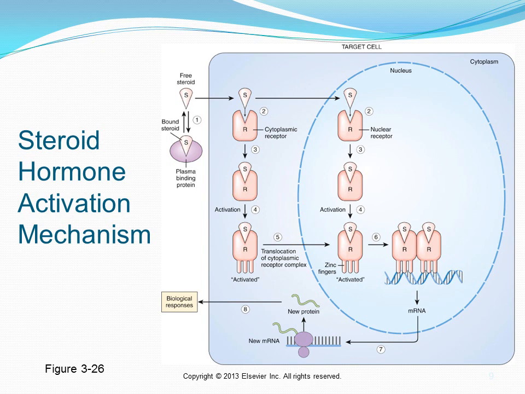Here we can see a nice general overview of how steroid hormones are activated. Again, we've got the free steroid hormone that's actually going to cross the membrane that kind of bounces back and forth between being bound to a plasma protein depending on where it is in the blood and the concentration gradient of that protein. The free steroid then passes into the cell and it binds to a receptor. Now, it depends on the type of steroid hormone as well as the cell as to whether that receptor is in the cytoplasm or in the nucleus.